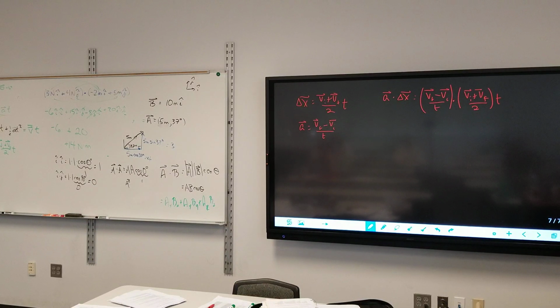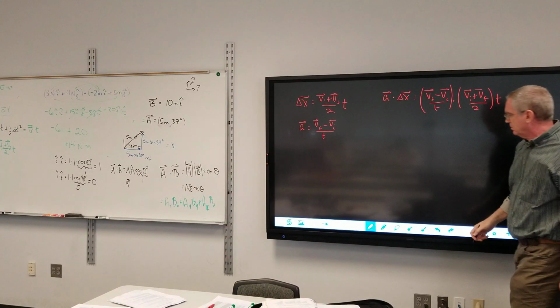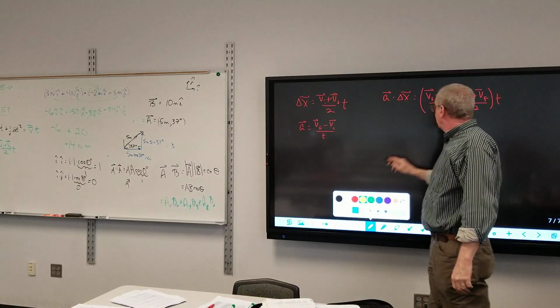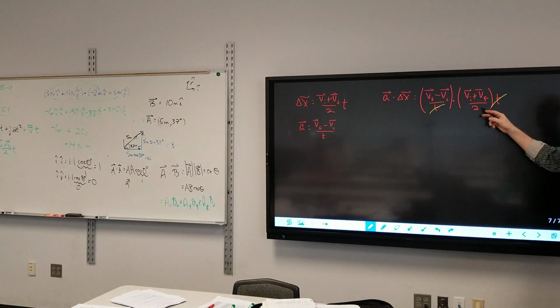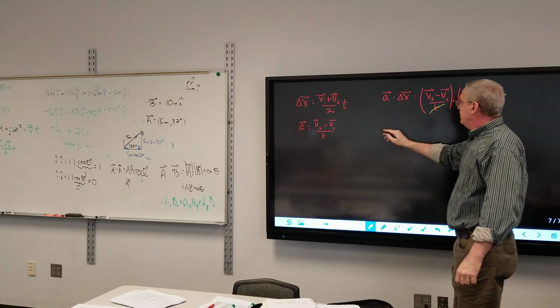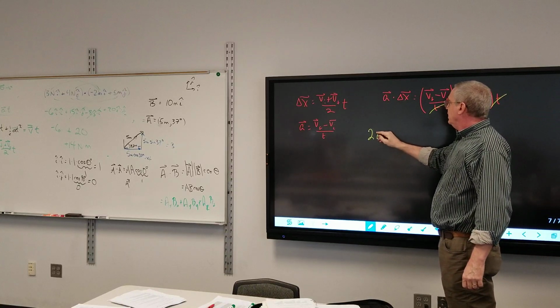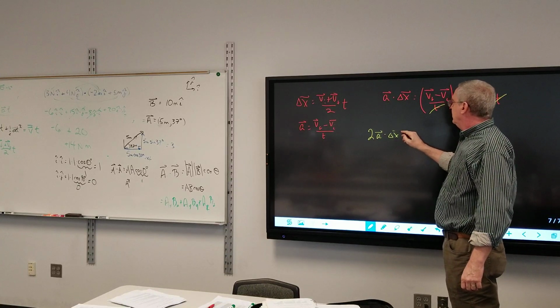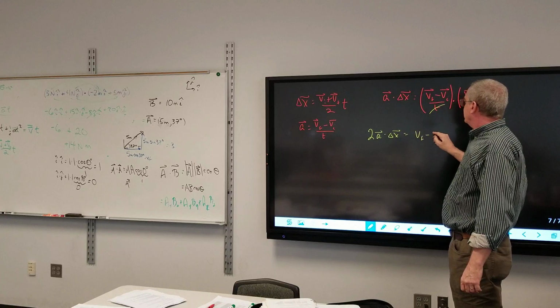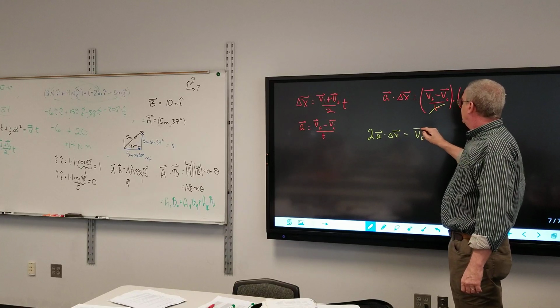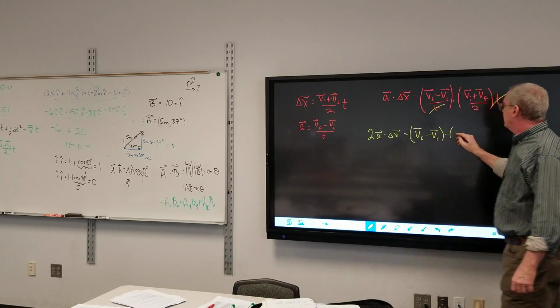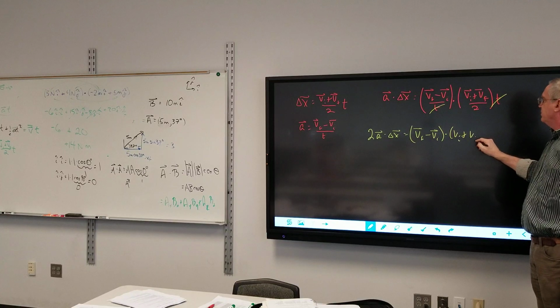Now, scalars, I have time here, I have 1 over time there, time is going to cancel out. I have a 2 here, I'm just going to multiply both sides by 2, get a 2 over on the left-hand side. So I'm left with 2a dot delta x is equal to vf minus vi, dot product, vi plus vf.